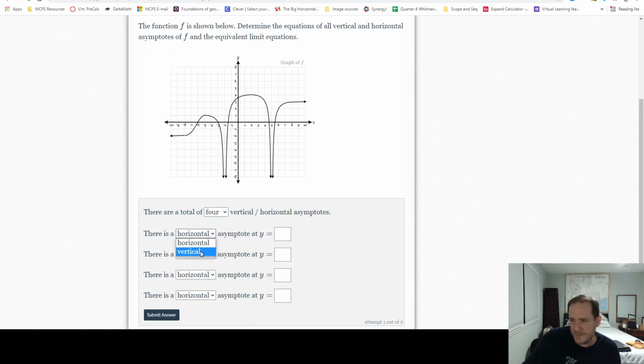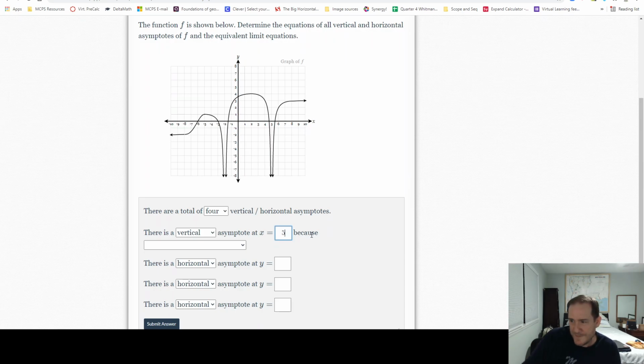So let's do this vertical one at 5 first. Then it prompts me to say, why is there a vertical asymptote there? And it's just a drop down. I assume you guys would pick the right one, but we can see that the limit as we approach 5 is negative infinity. Make sure you pick the one that has us approaching the right x value and with the limit of the right y value.